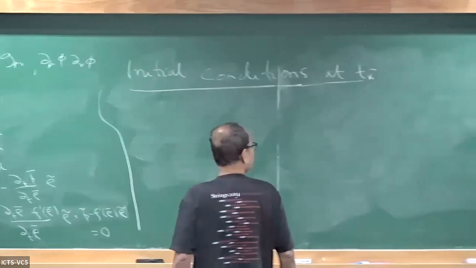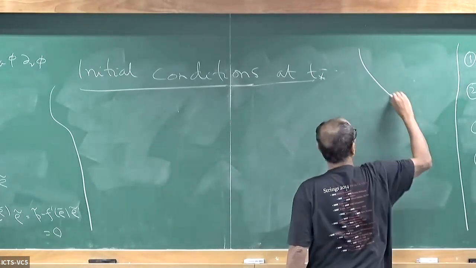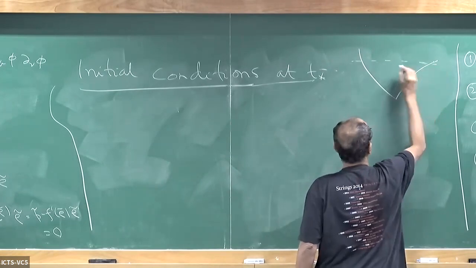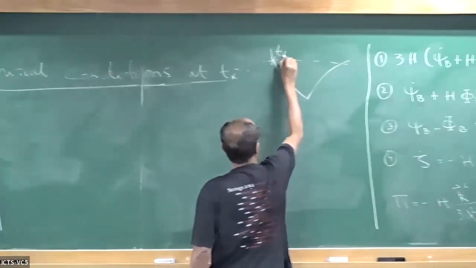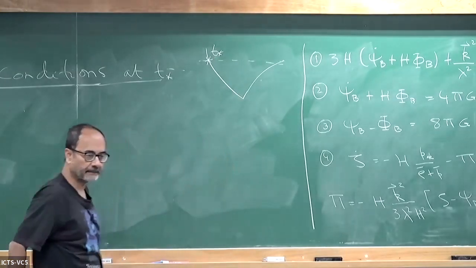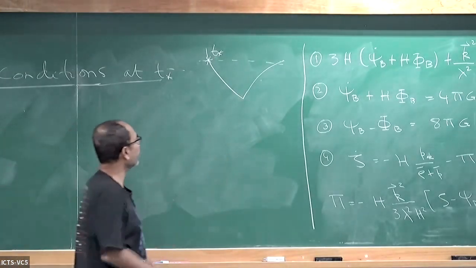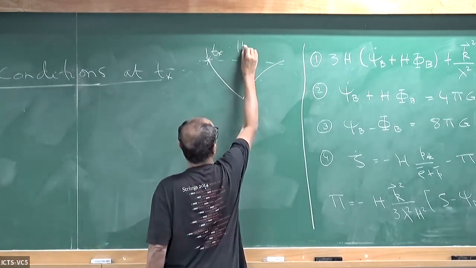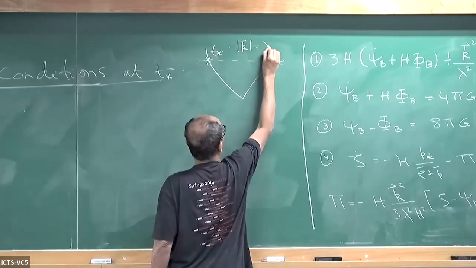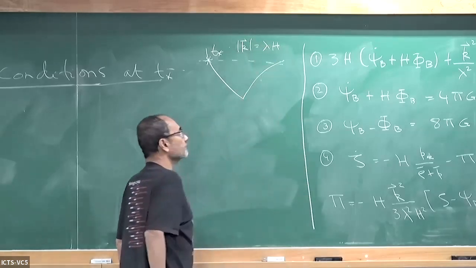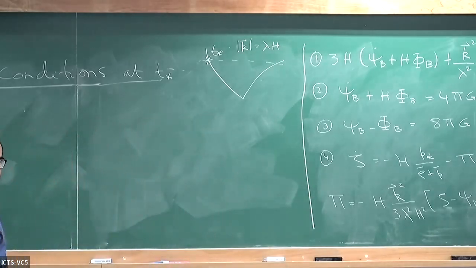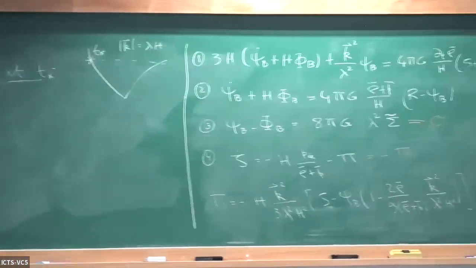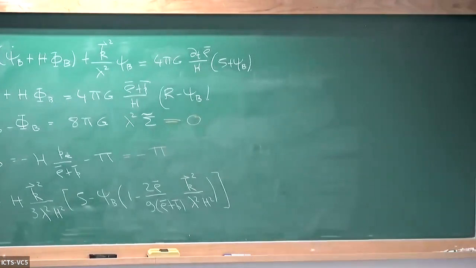I'll just erase that figure. For every mode, we have a different T star, depending on the value of K, because this T star corresponds to when omega inverse, or mod K inverse, mod K is equal to lambda H. And because H is changing slowly, this T star depends on the mode, the K. So, initial condition on T star.